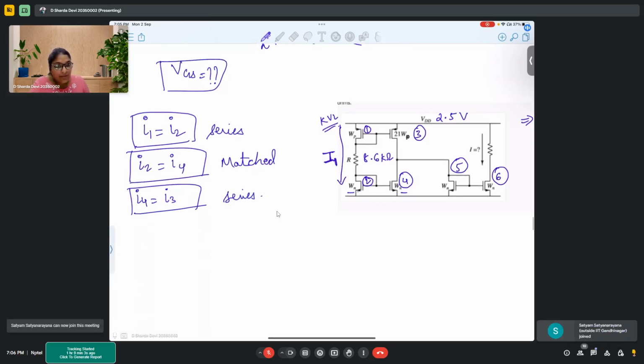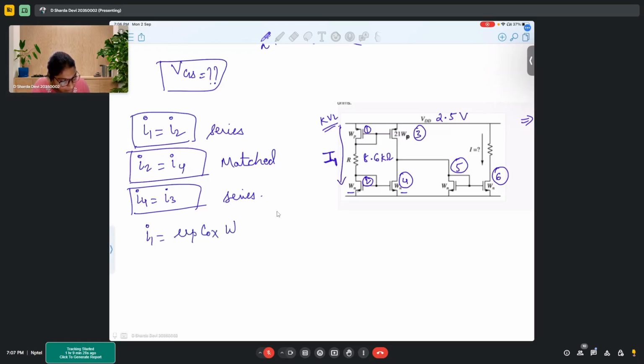So if I4 equals I3, but here it is Wp, and here it is 21 times Wp. That means for the transistor, I1 was mu p Cox Wp by 2L, (VSG1 minus VT) whole square.